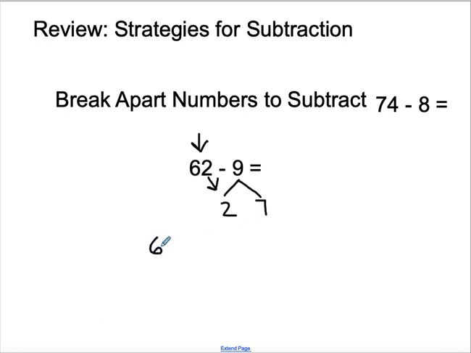So now I have 62 minus 2. We know will give us our friendly number of 60. And then 60 minus 7 is going to equal 53. I subtracted 7. 60, 59, 58, 57, 56, 55, 54, 53.